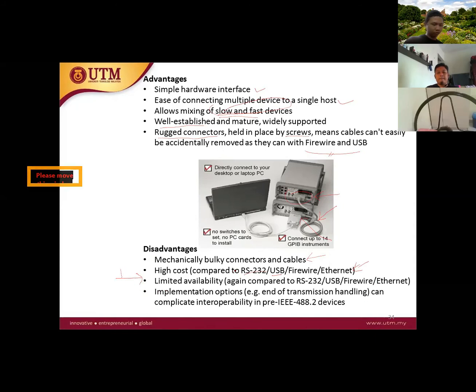Also, in terms of implementation, there could be interchangeability issues. For example, some devices use a different standard for communication, so they need to convert and adapt to IEEE 488.